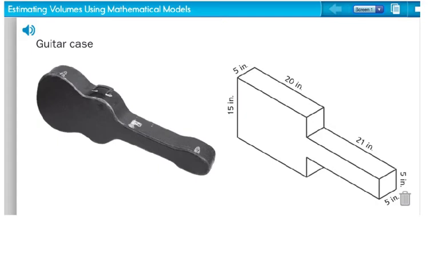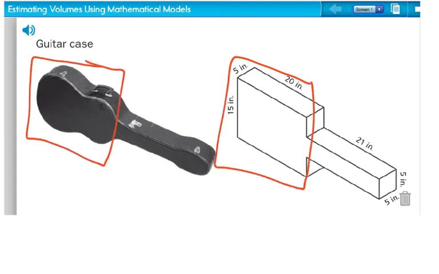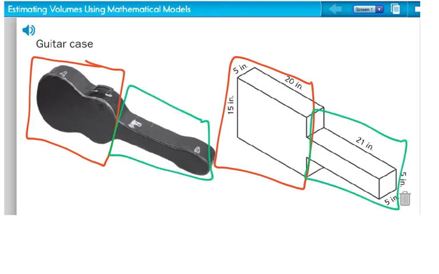I'm going to divide this into two rectangular prisms. This part, which should be this, and then this part, which should be this. I'm going to figure out the volume of each one of those, again using length times width times height.